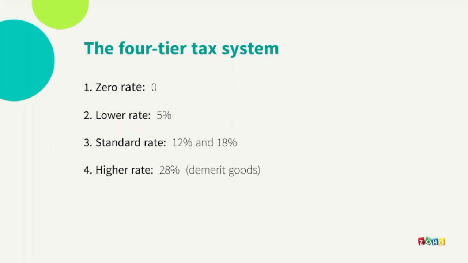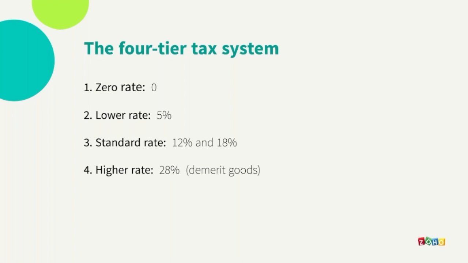Then you have a standard rate, and if you take a look at the standard rate, you have two sections. You have a 12% bracket and an 18% bracket within the standard rate. And this 12% would be levied upon goods like computers, processed food, cycles, and then the 18% is going to be associated with most services, as well as some toiletries like soap, shaving razors, etc. And then you have the higher rate of 28%, which is going to be levied upon luxury goods, demerit goods, and such.